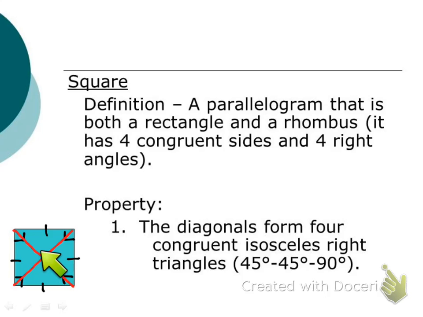So all those cool diagonal properties are going to hold true. It actually creates four congruent isosceles triangles. So this triangle is congruent to this triangle, congruent to this triangle, congruent to this triangle. And that is unique to a square. What are your questions here?